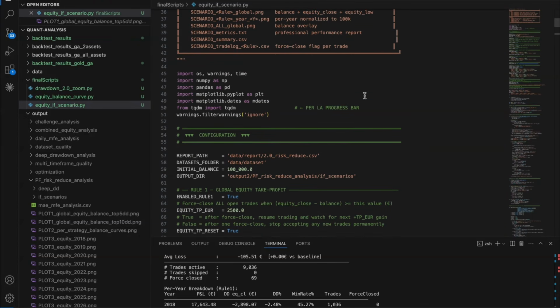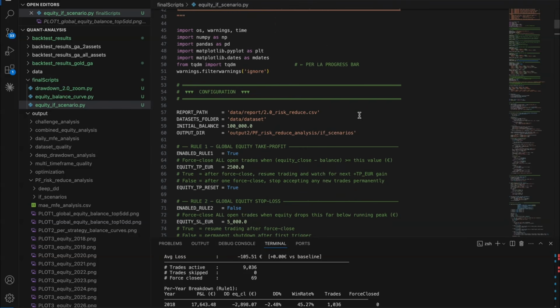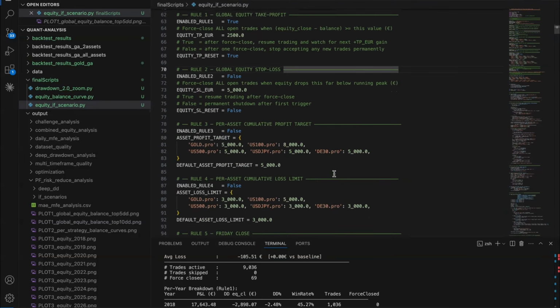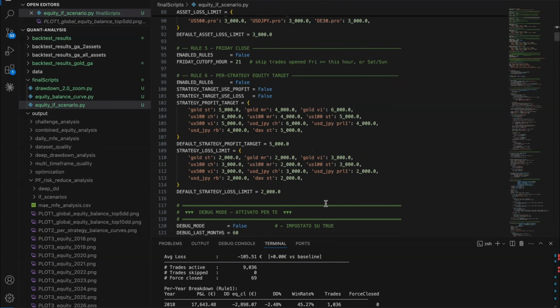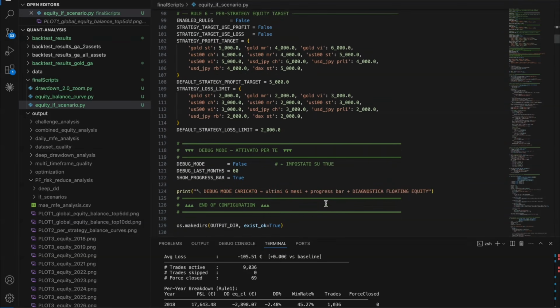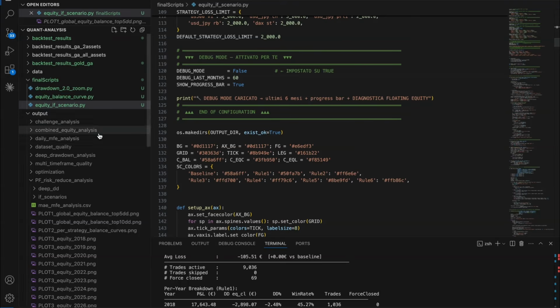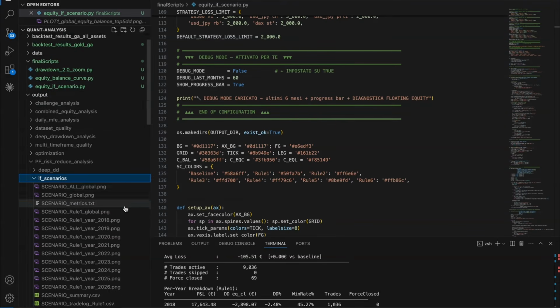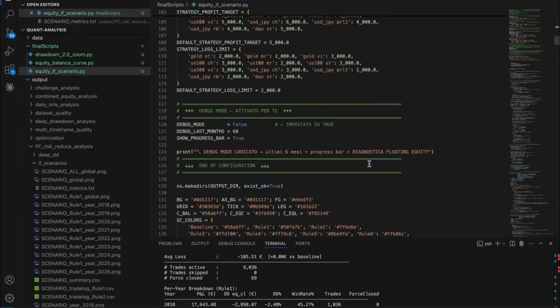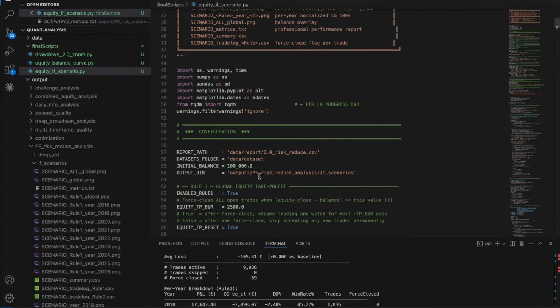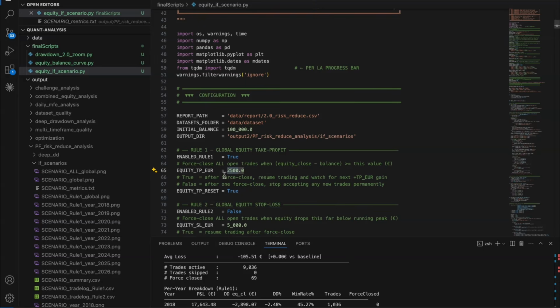The next thing I'm going to do is apply machine learning to this script and analyze all of the different scenarios in a machine learning way. So I'm not going to do each test singularly, I'm going to let the algorithms work on their own. But just with this script, I found out that, let's say I modified the logic and put a 2,500 equity TP.